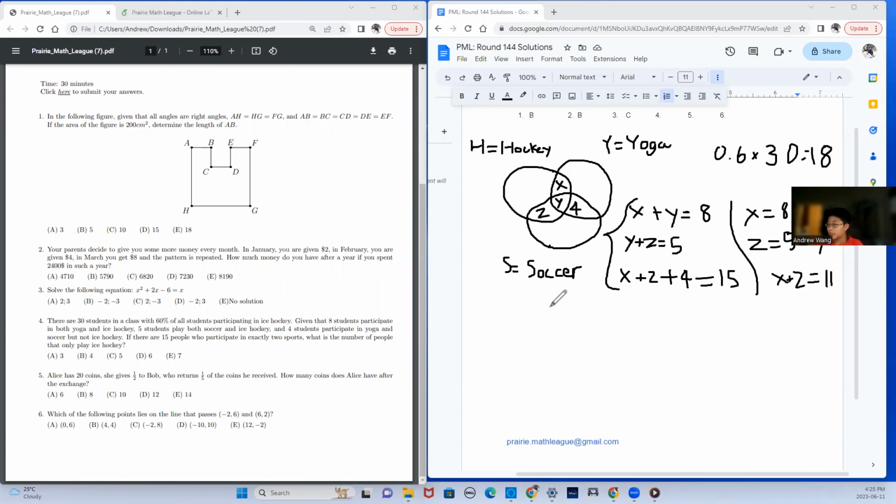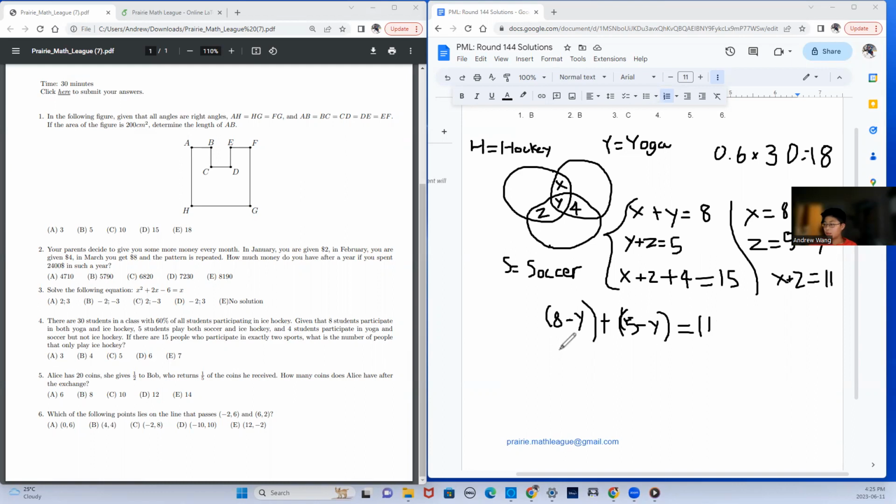So replacing X, it would be 8 minus Y, plus the Z, which now equals 5 minus Y. So 8 minus Y plus 5 minus Y equals 11.